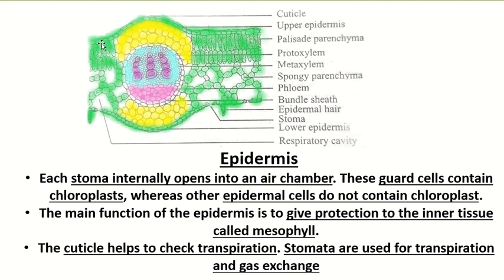The main function of the epidermis, both upper and lower, is giving protection to the inner tissue, that is mesophyll cells or mesophyll tissue. The cuticle is a substance which covers the epidermis and helps to check transpiration. Transpiration is a process of loss of excess water present in the plant body. And the stomata are used for transpiration and gaseous exchange.